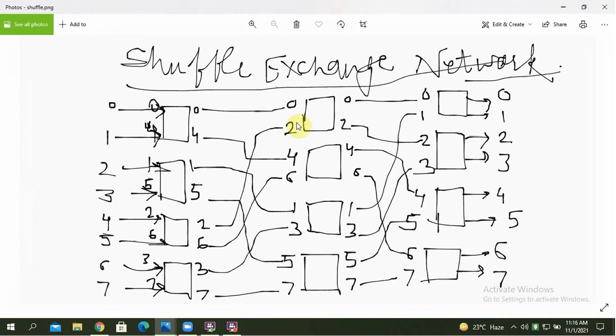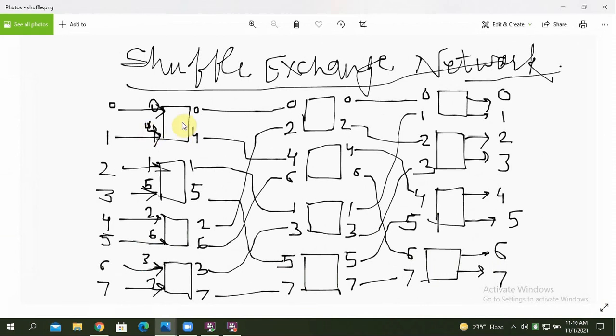Here, this is the shuffle exchange network for n equal to 8, that is the omega network. Here 0 to 7, then 0, 4, 1, 5, 2, 6, 3, 7.